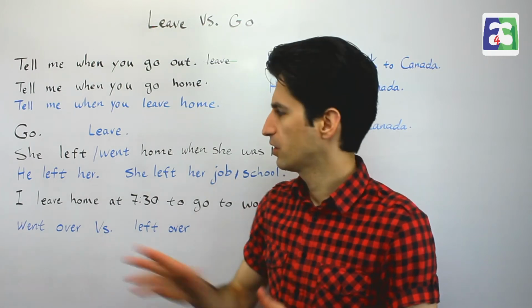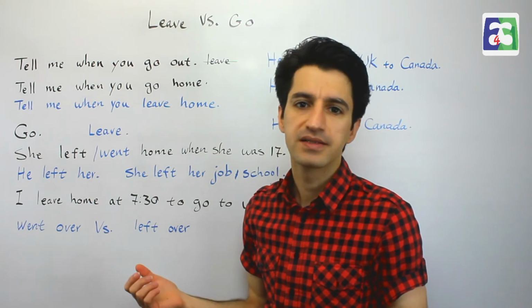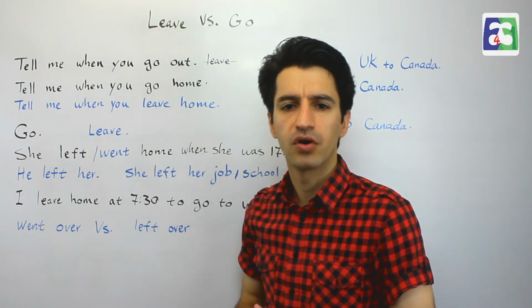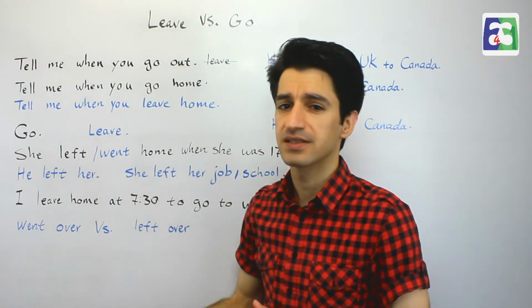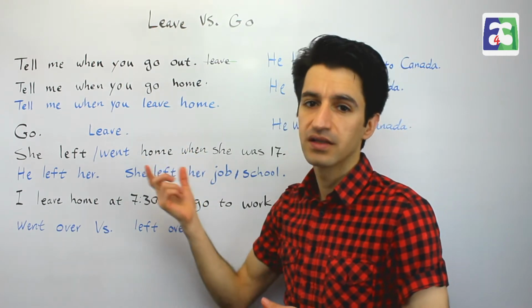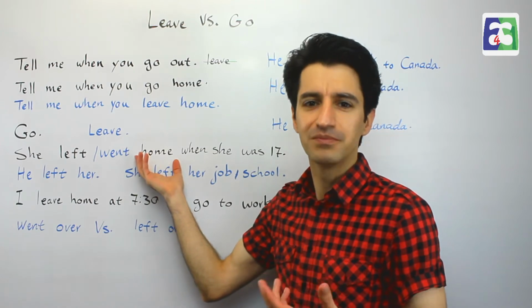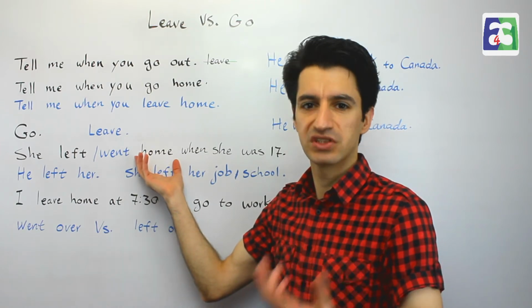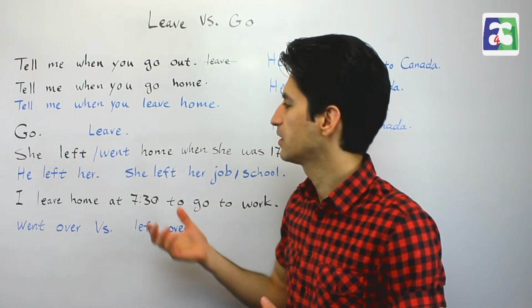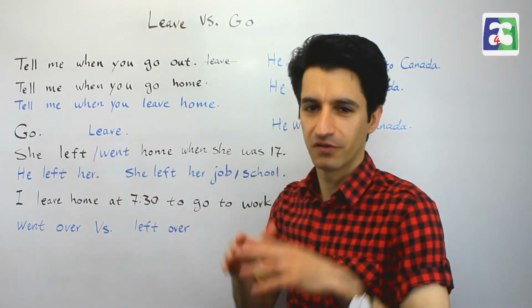Maybe she rents a place, maybe she starts living with a partner, maybe she goes to a different city and she never goes back. Or if she goes back, it's not her home anymore, it's her parents' home now, not the place where she has her belongings. So she left home means that was the final move from that place.